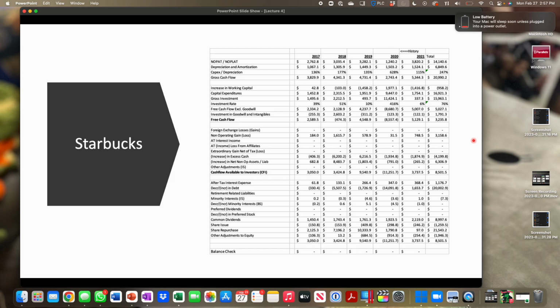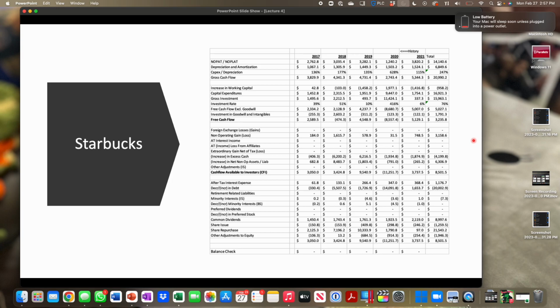If you're spending more than your depreciation with CapEx, that suggests you're trying to grow. Okay? Because I'm not just replacing, I'm building new. If you're spending much less CapEx than depreciation, then it suggests that you don't plan to grow, because I don't need any more stuff. So there's a short-term telegraphing of a company's growth plans that can be looked at in the ratio of CapEx to depreciation.